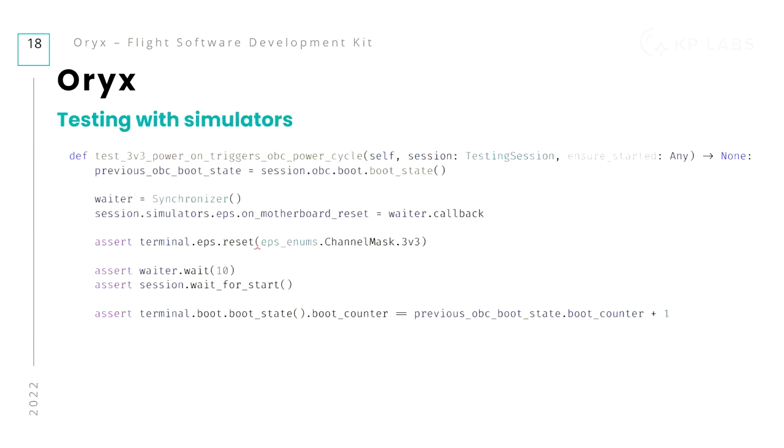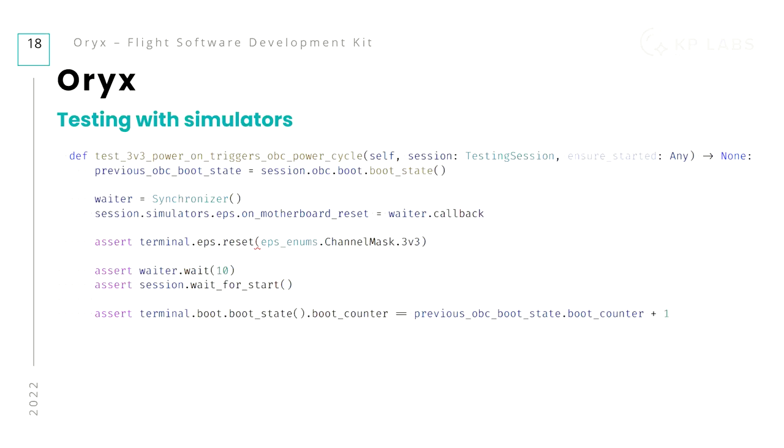Also, as a final example of what is possible to build using this approach and all the tooling that we provide, here is one of the tests that we have for power supply integration in Intuition-1. This is the kind of automated test that we run on every push that goes to our code repository.